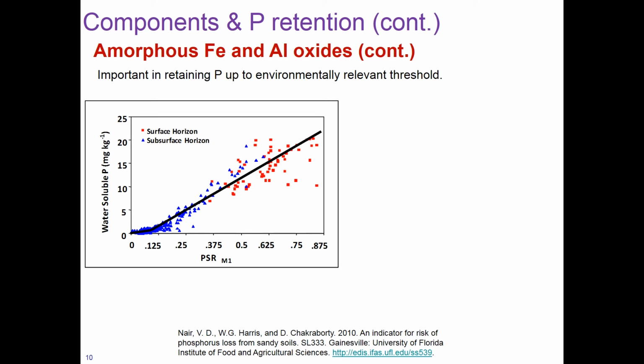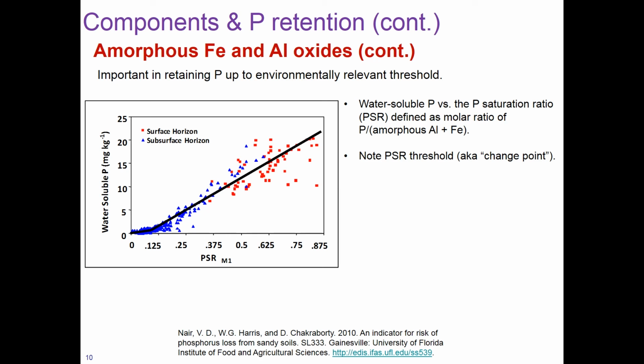Amorphous iron and aluminum oxides are important in retaining phosphorus up to environmentally relevant thresholds. This is a plot of water-soluble phosphorus versus the phosphorus saturation ratio, or PSR, defined as the molar ratio of extractable phosphorus to extractable amorphous aluminum and iron. Note that the PSR has a threshold above which the water-soluble phosphorus begins to increase fairly rapidly.